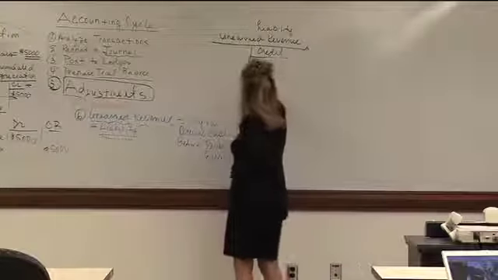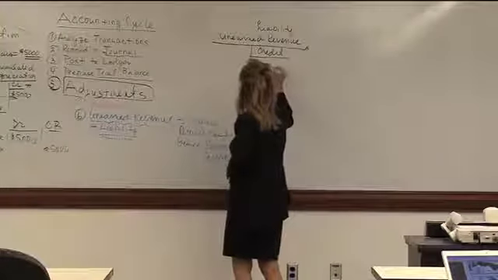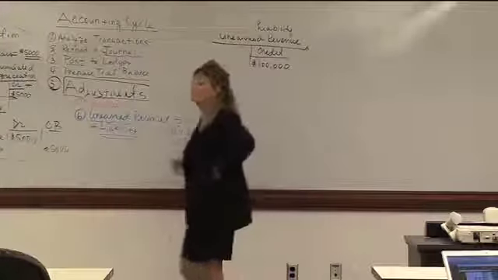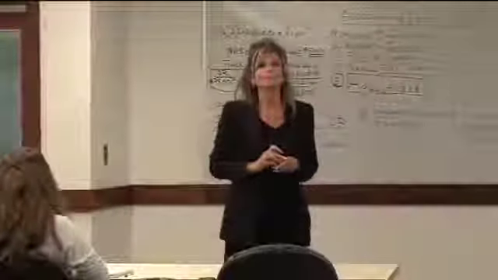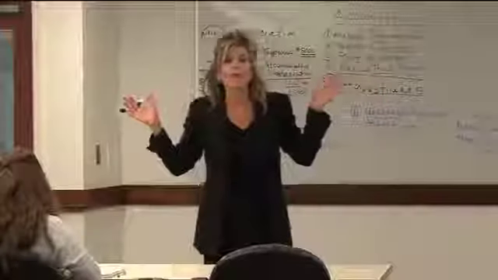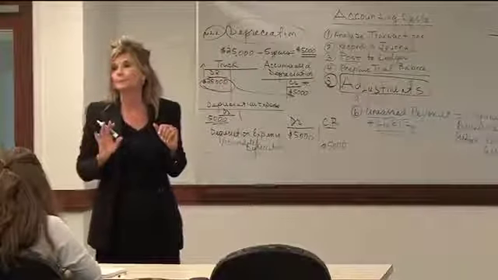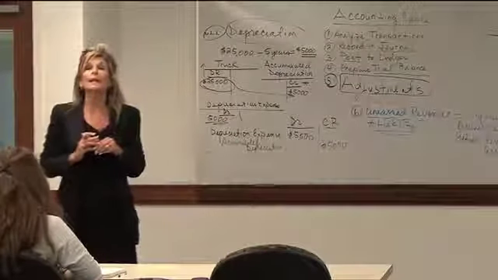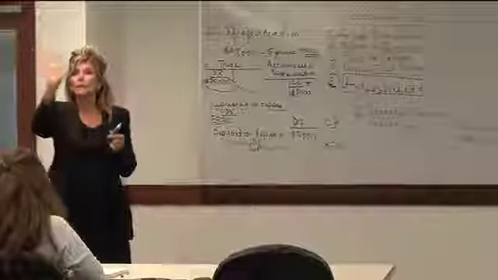So let's pretend we're the Yankees, and we collected in advance $100,000 for tickets to our games. Clearly, it's going to be a lot more than that, but we want to keep it basic. So let's pretend we've collected that for 5 games.